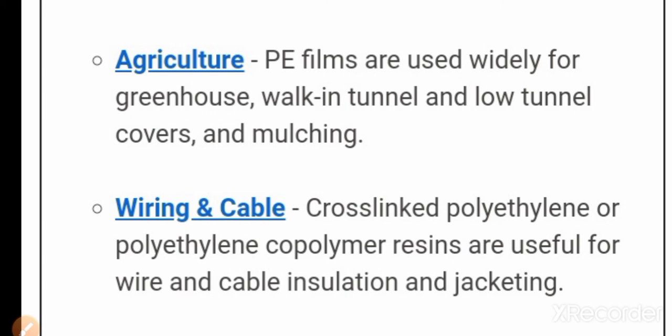They are also useful in wiring and cables, where cross-linked polyethylene and polyethylene copolymer resins are used for insulation and jacketing. So these are the applications of different types of polyethylene polymers.